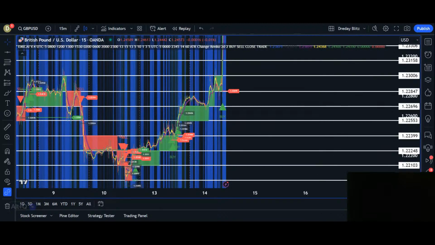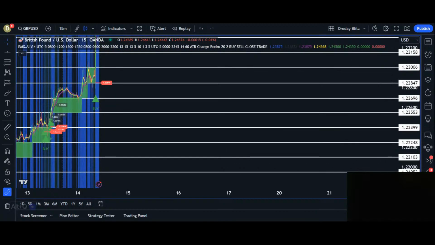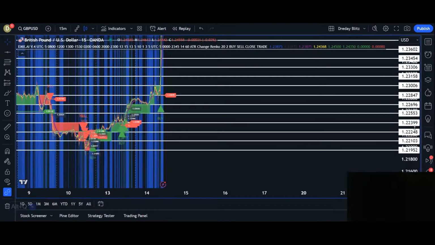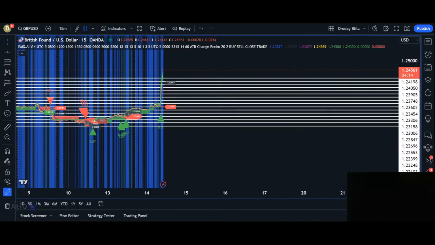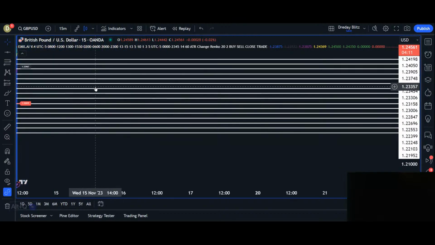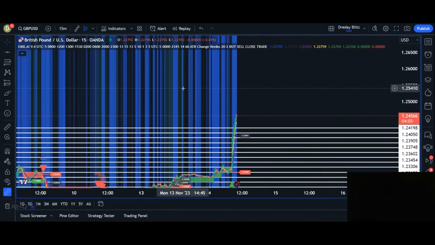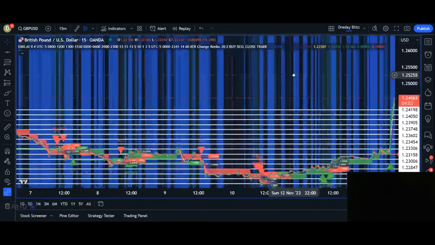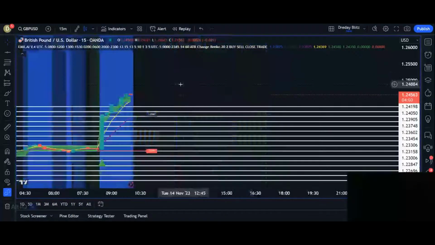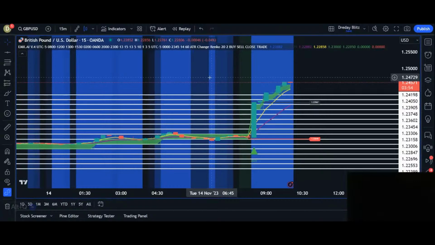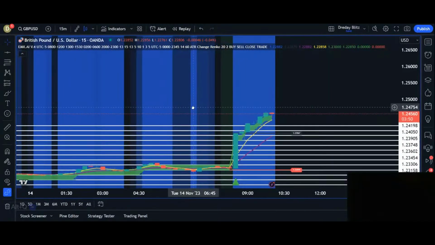So let's go back on. Okay, so this is where we're at right now. Those are the lines that we have so far.